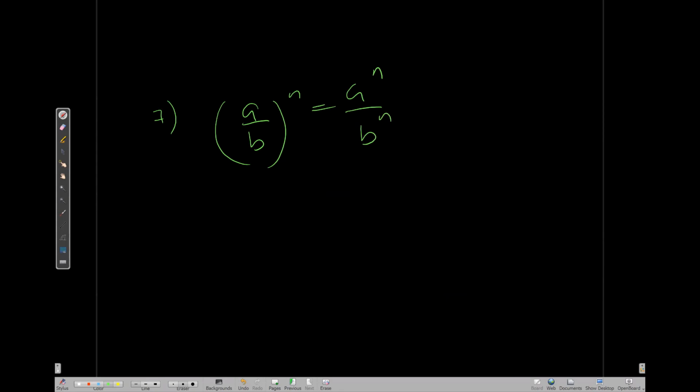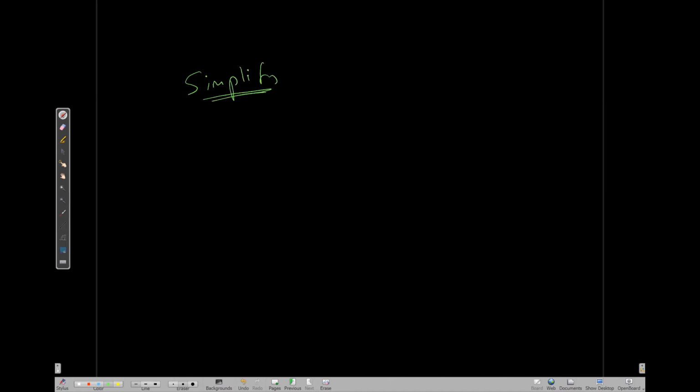Now, these properties are really helpful when we are dealing with simplifying expressions. Let me take an example: simplify this as much as possible. Now, when you have a question like this, asking you to simplify, you have to write it properly.